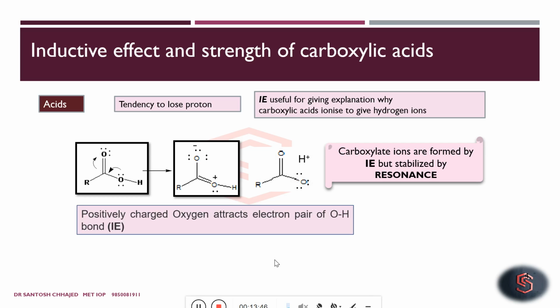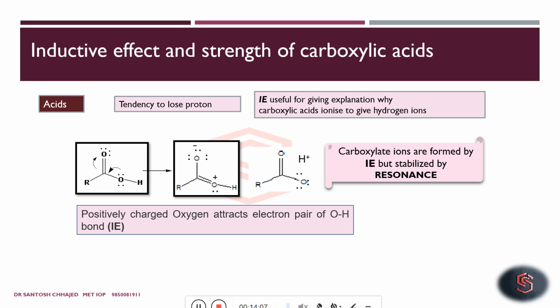Now the same thing we can compare in the case of alcohol. So in ROH, there also an inductive pull of electrons will be there, and H will become free, but the alkoxy ions which are formed will not become stabilized by resonance. So the alkoxy ion will again combine with H plus to form alcohol.